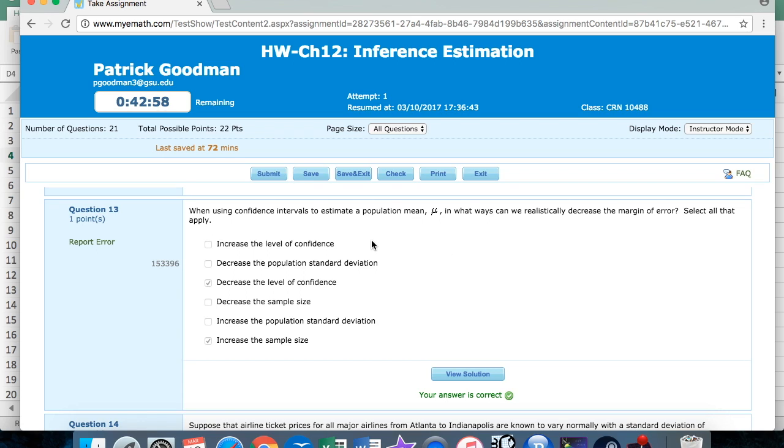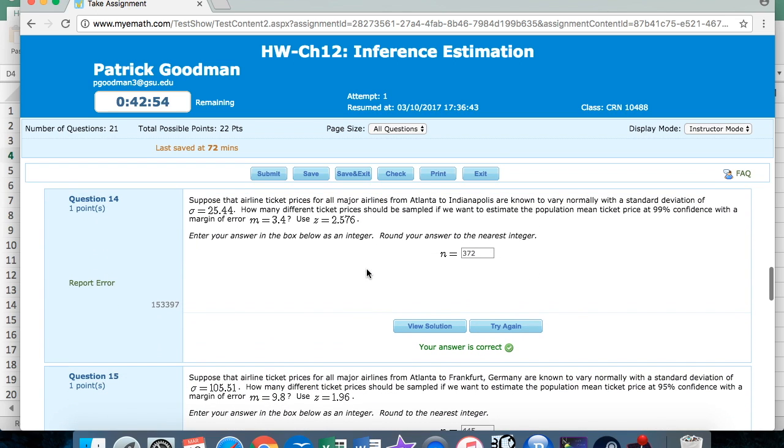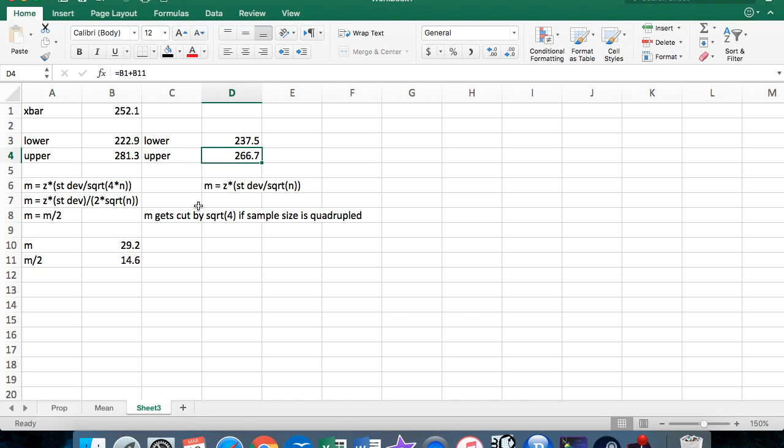Okay, this guy here, just a concept question. We've already been going over them. So let's see, how many ticket prices would be sampled? 99% confidence with a margin of error, m, equal to 3.4. All right, so this one is just a backwards solving problem, so you guys should be able to do this. It's just algebra, right? So we know that this is our formula. Well, it gives you m.